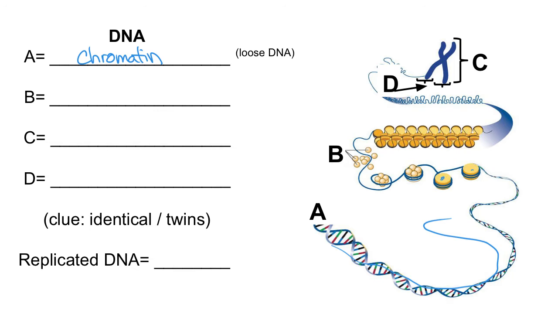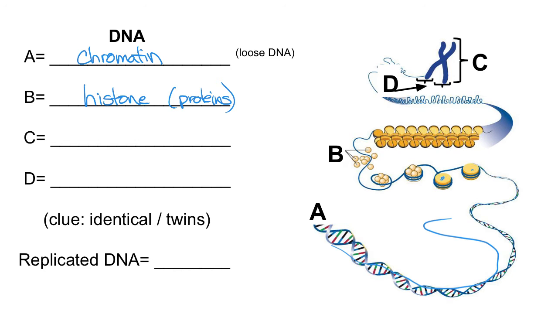But it only wraps around each of these 4 times. And those are proteins called histones. Histone proteins. And that's how the DNA starts to condense. It gets more and more tightly coiled. The histones, you can actually see them bunched together.